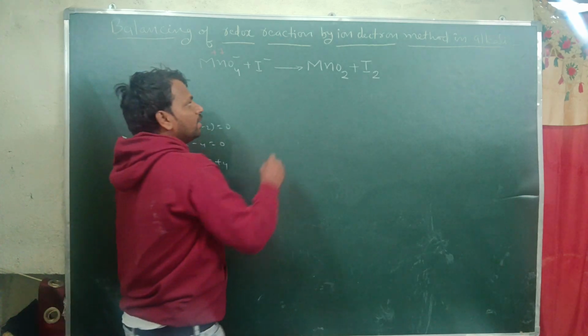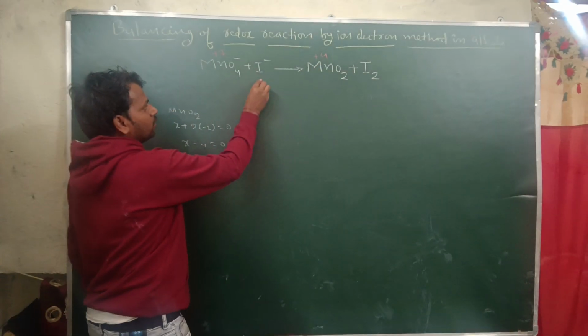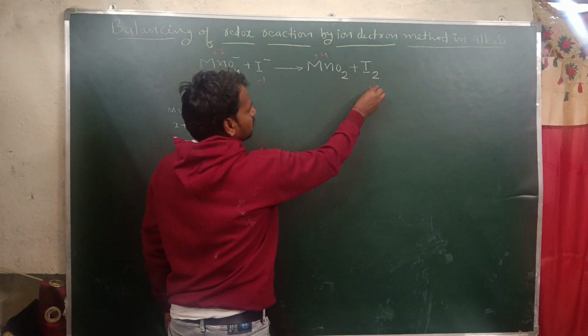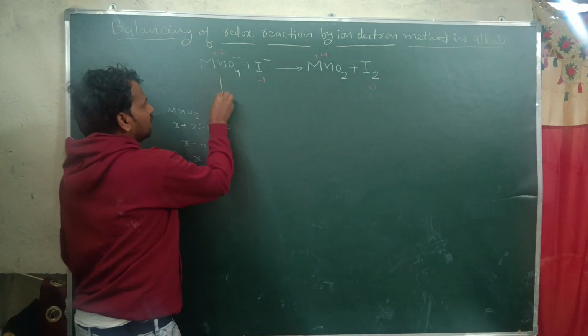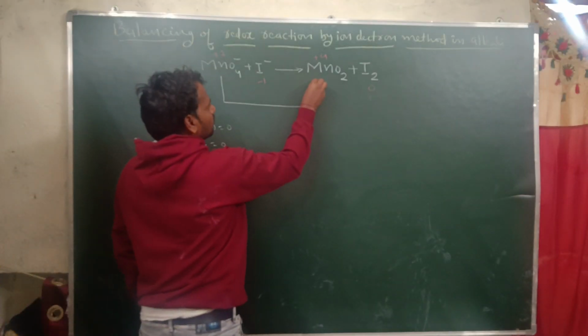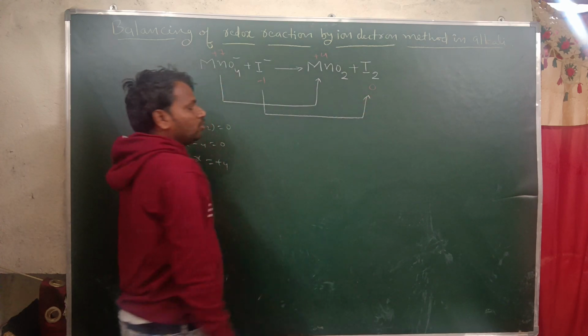Now the manganese oxidation state is +4. Iodide is -1 and the molecular state is 0. So manganese changes its oxidation number from +7 to +4, and iodine changes its oxidation number from -1 to 0.